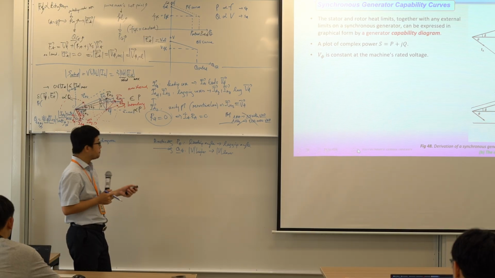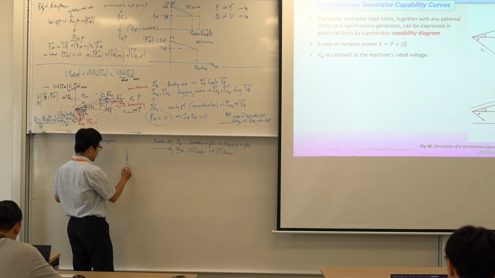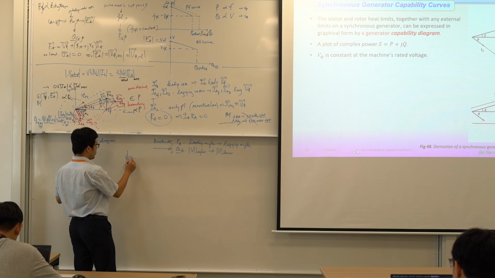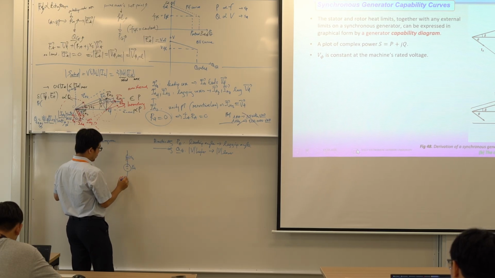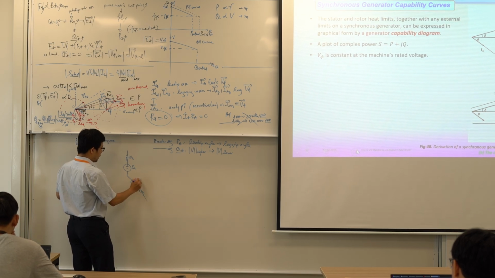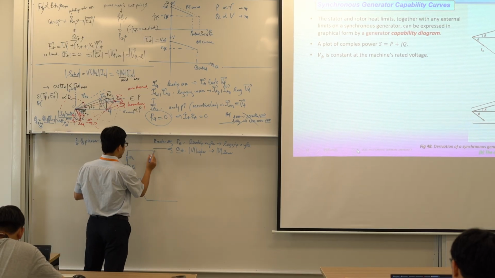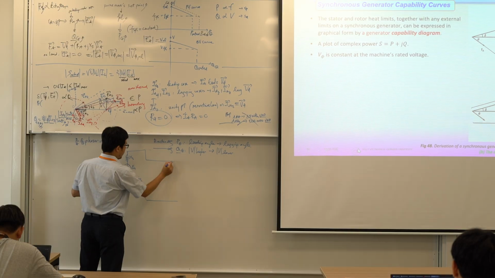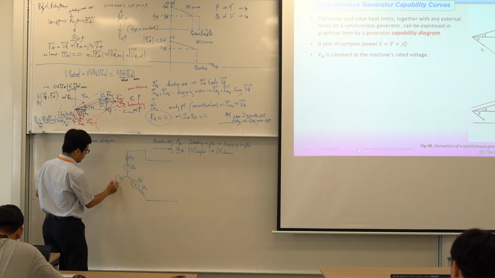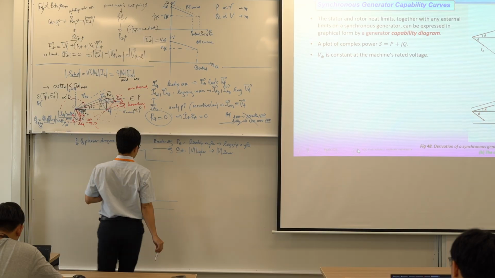So look. Here we have EA, j XS IA. Now here we have EB, j XS IB. Here we have EC, j XS IC.